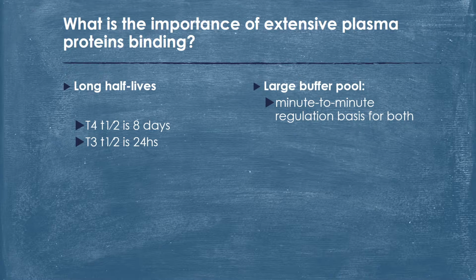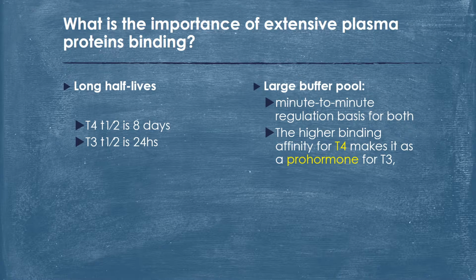They are both tightly bound to plasma proteins, and whenever the free concentrations of these hormones are deficient or more is needed, these plasma proteins will provide extra hormones.